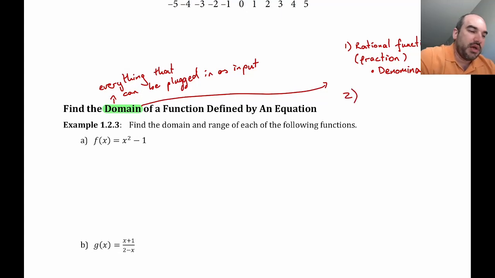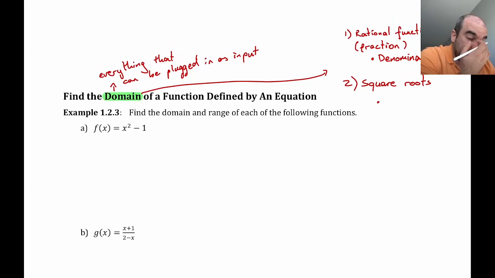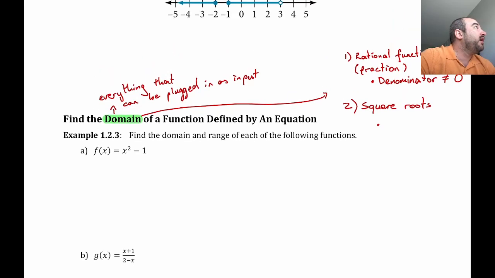The second type of restriction you're going to run into is square roots. For a square root function, look at part C of this example.